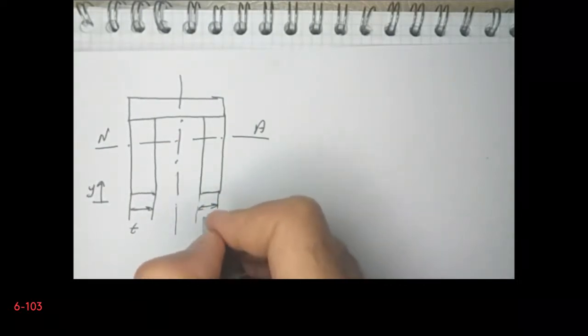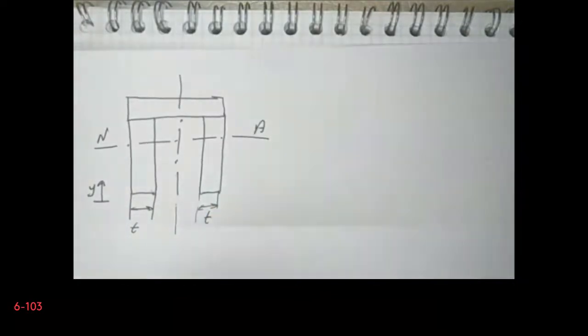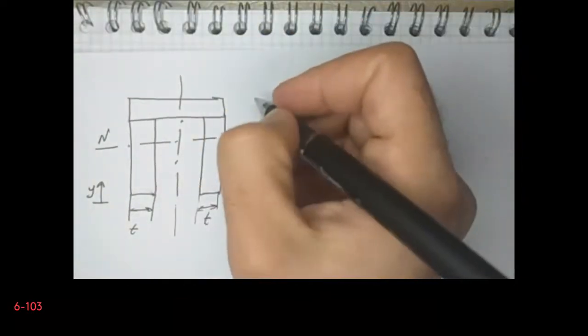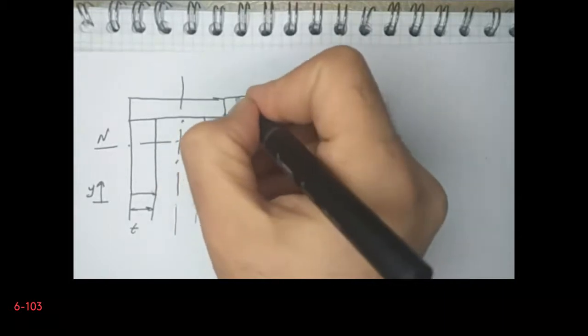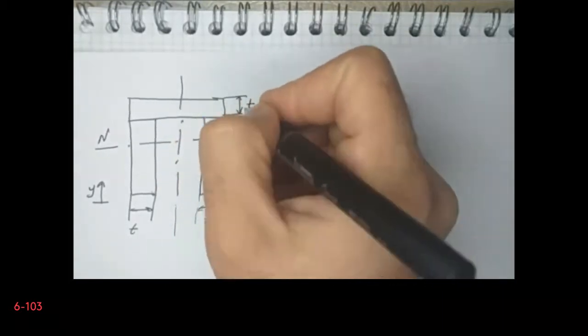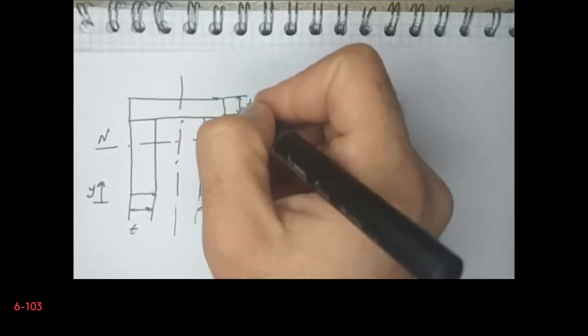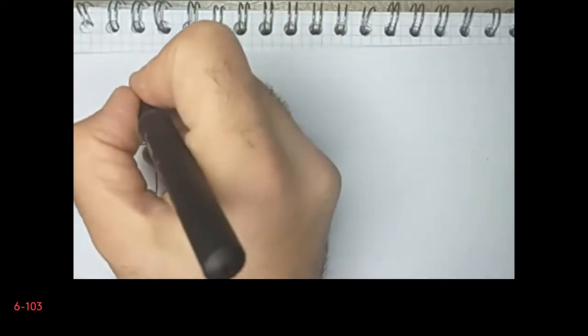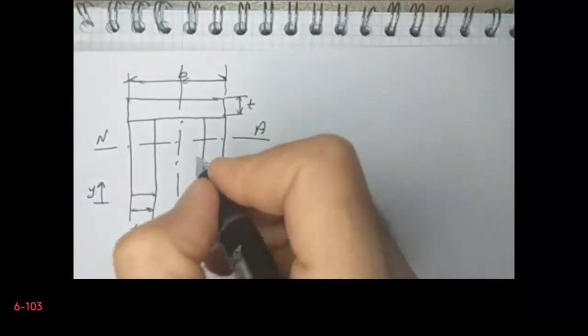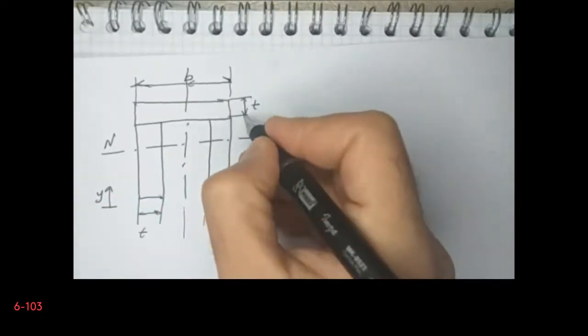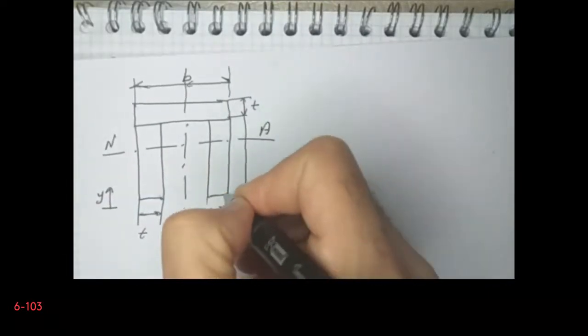This is t as well. Let's say that this is b. This distance is b, and this is height. Let's say h.